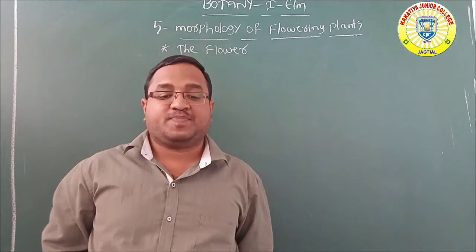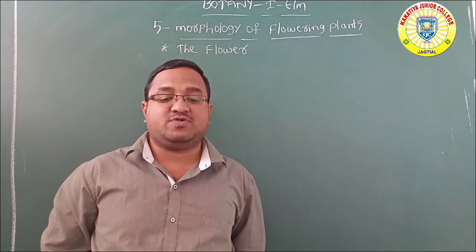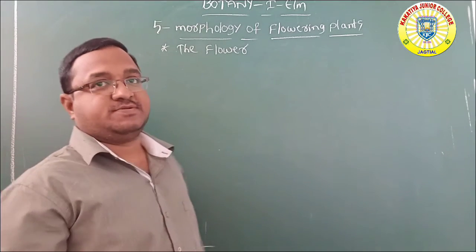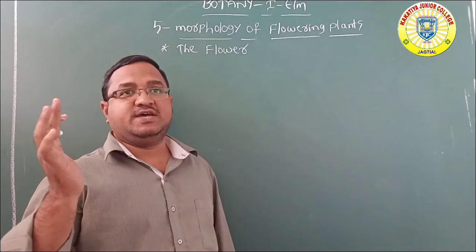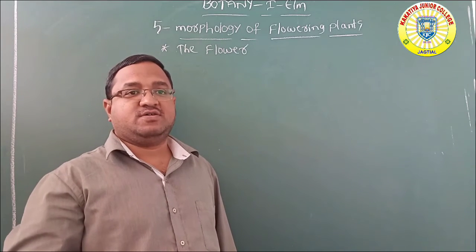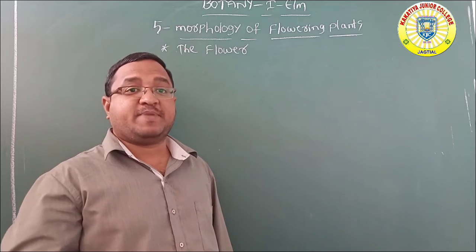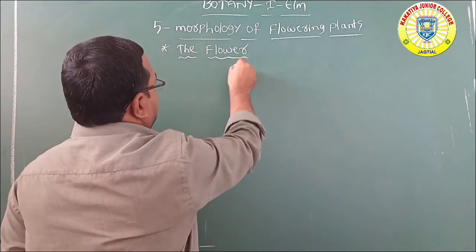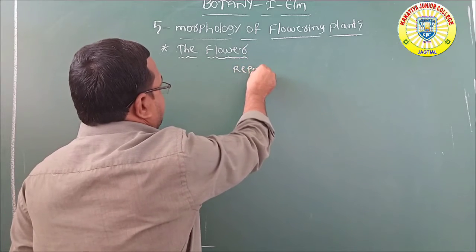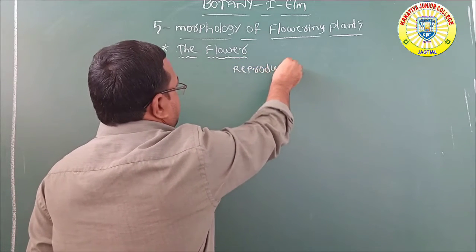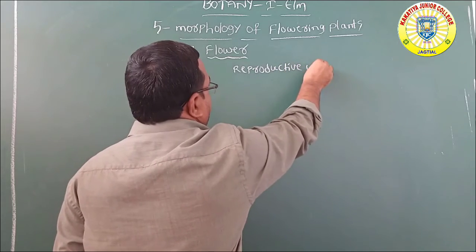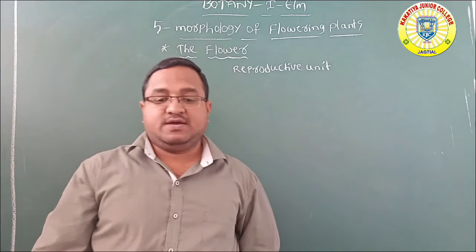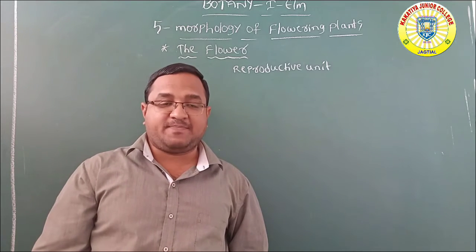Flower is the reproductive unit in angiosperms. Especially in angiosperms, the flower is the main reproductive unit, and it is meant for sexual reproduction.